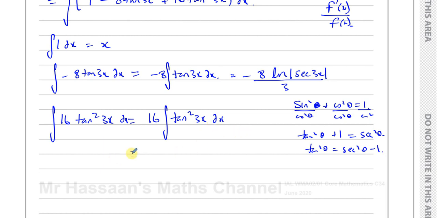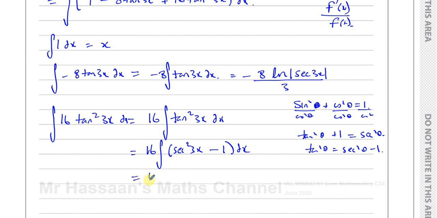So I can rewrite this as 16 times the integral of secant squared, sorry, not theta, 3x, because this is in terms of 3x. Secant squared 3x minus 1 with respect to x. Now I can integrate this, because we know that the differential of tan x is secant squared x. That means the integral of secant squared x is tan x.